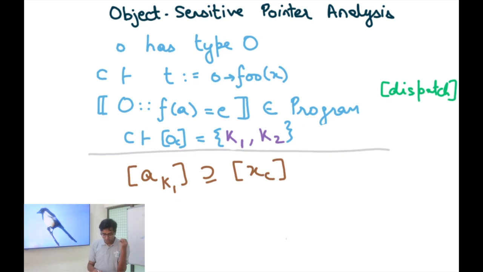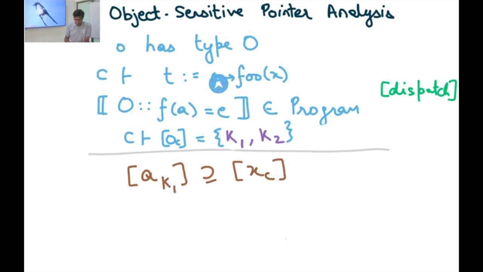And so I'm going to apply the copy rule and say that a in context K1 equals x in context C, where x is the actual argument, and so the points-to set of a in K1 can be updated using the points-to set of x in context C.